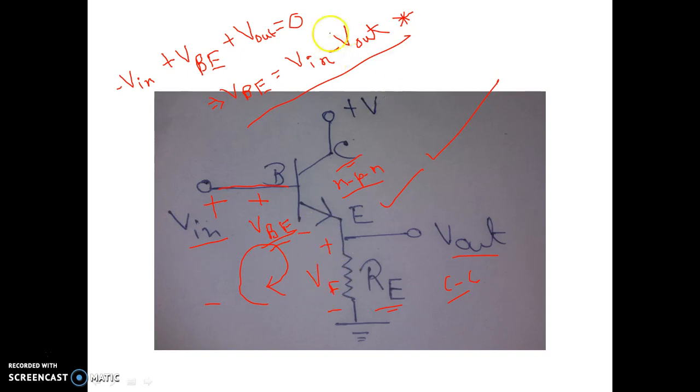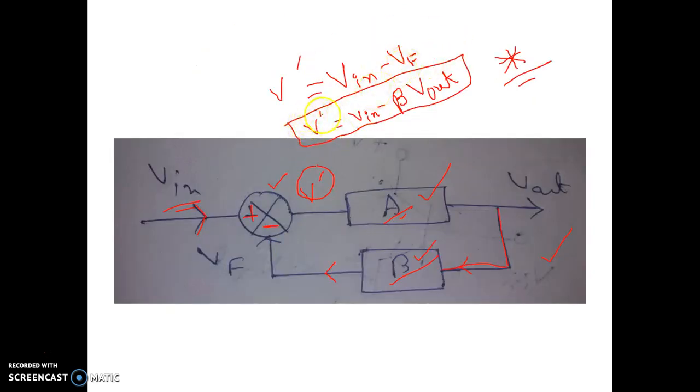And basically V out is V feedback only, so VBE equal to V input minus V feedback, okay? Now see what we can get from this. VBE equal to V input minus V output, and here we got one expression, original input for the basic amplifier V dash equal to V input minus beta into V output.